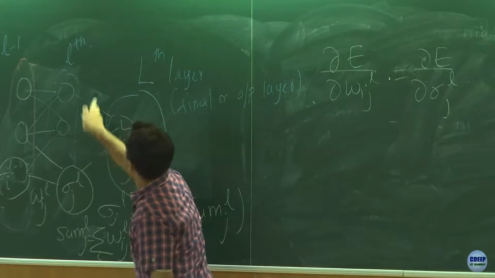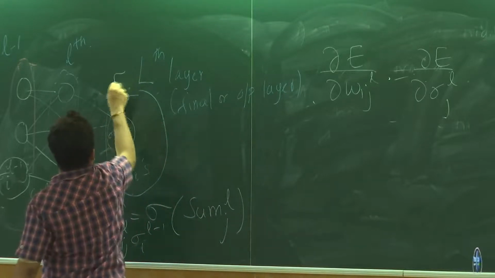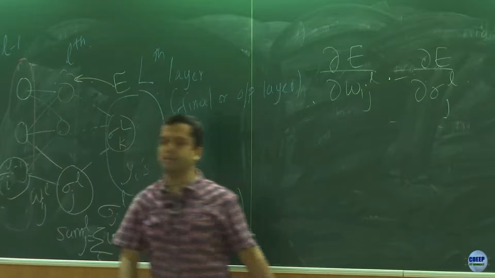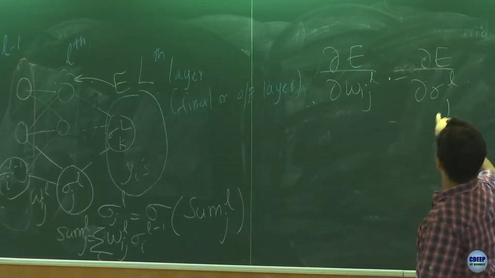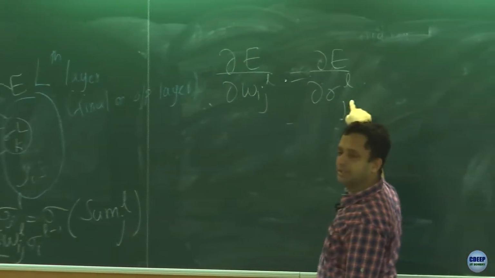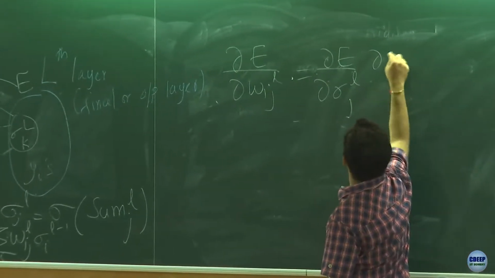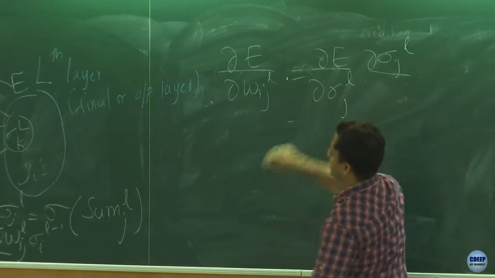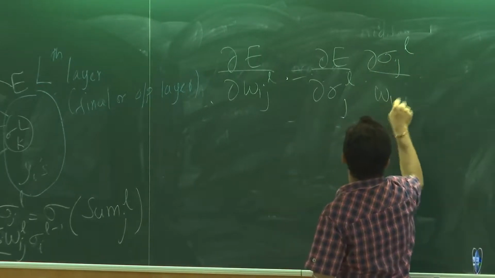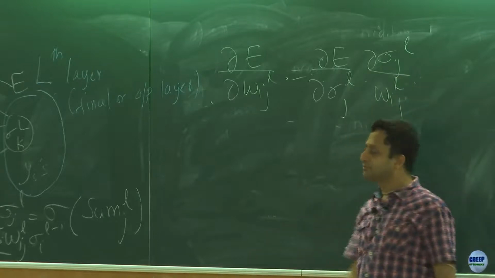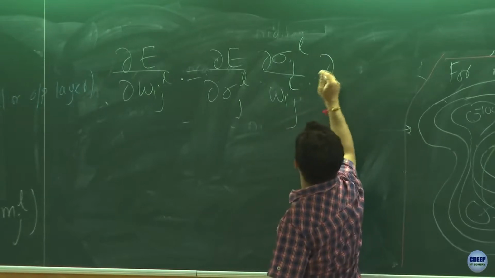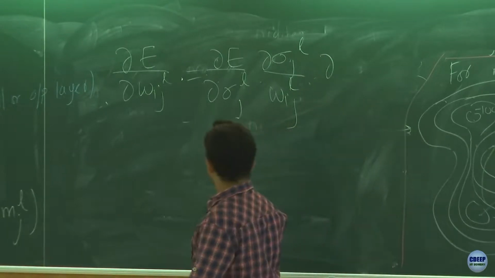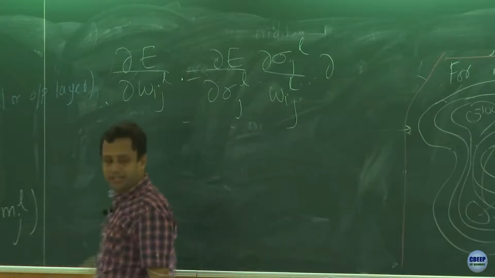These are dotted lines. Error is computed here, and now you are trying to backpropagate the error, the gradient. Now this sigma jl is a direct function of Wijl, and it's direct, but it involves other sigma j's as well.